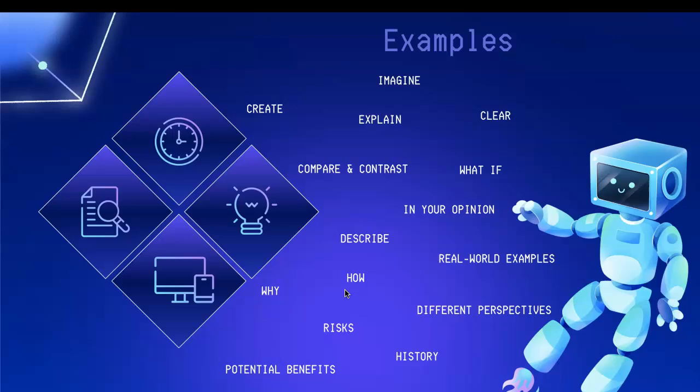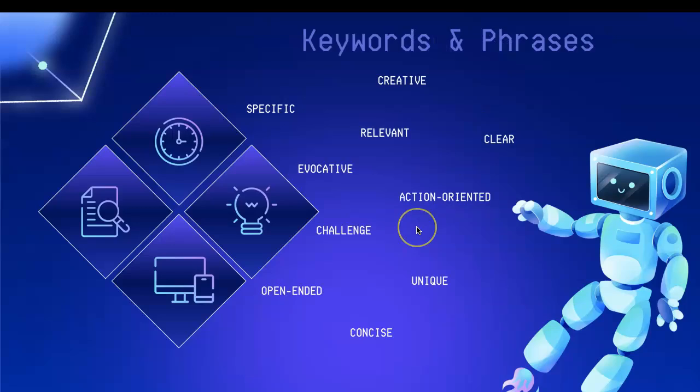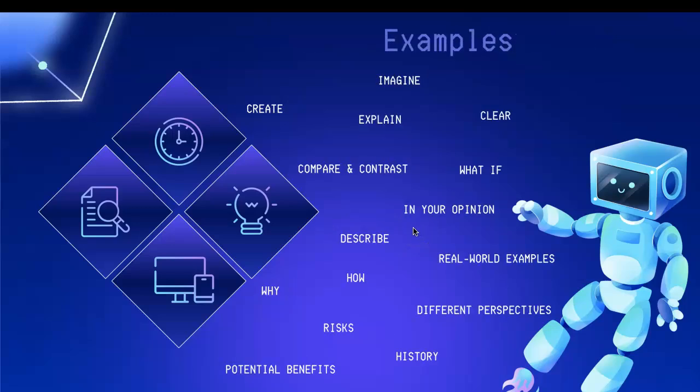Using how, you can explain the process or the steps involved in a particular concept or an idea. Asking, in your opinion, generates a response giving you an opinion or a viewpoint. And then asking for real world examples.